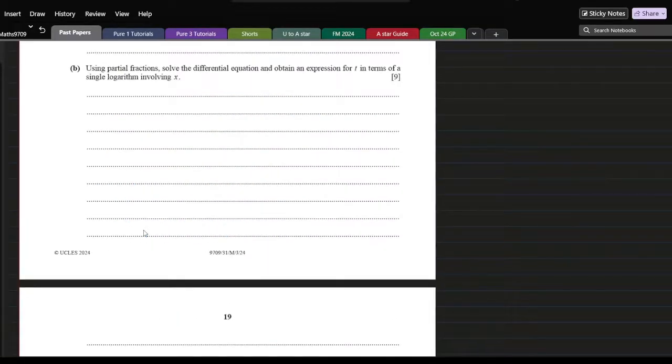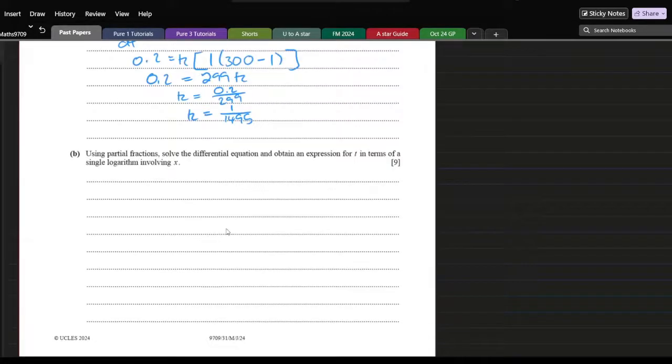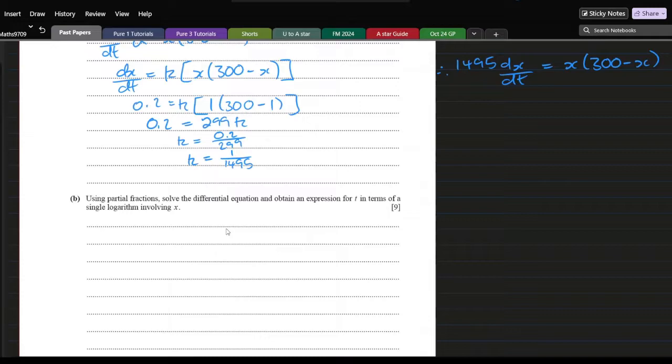Part B. Using partial fractions, solve the differential equation and obtain an expression for t in terms of a single logarithm involving x. Alright, so what is our DE? We've got 1495 dx/dt is equal to x times 300 minus x.